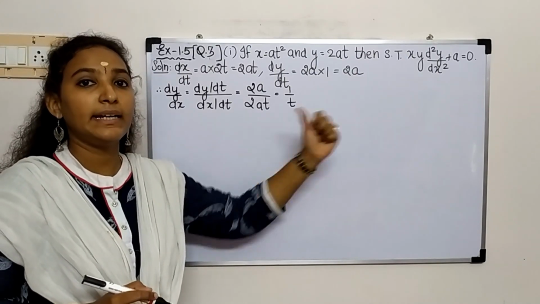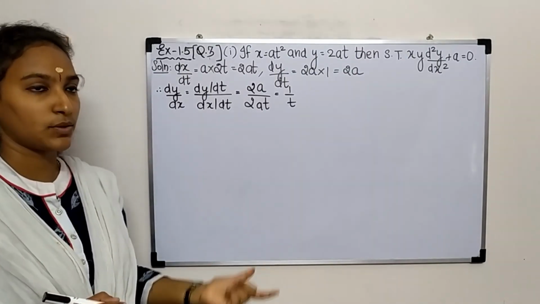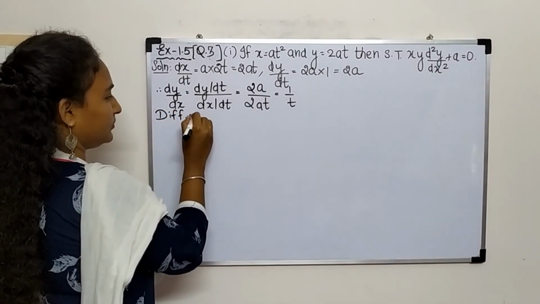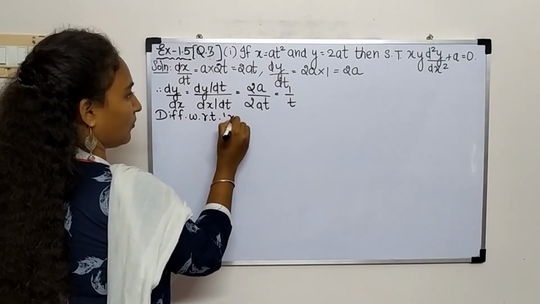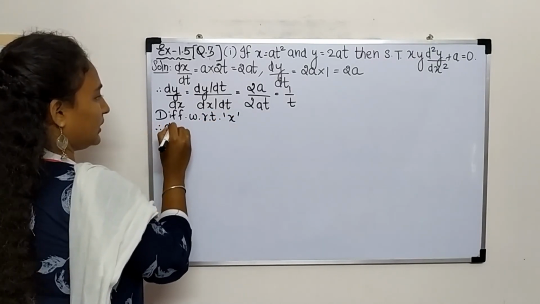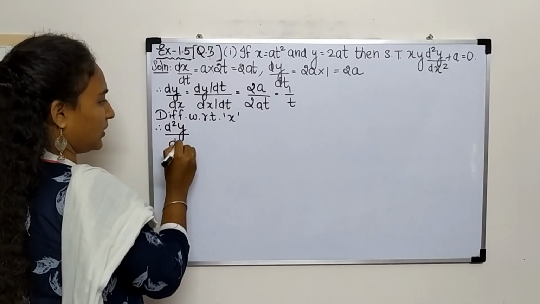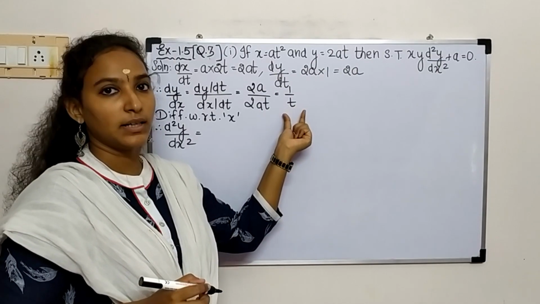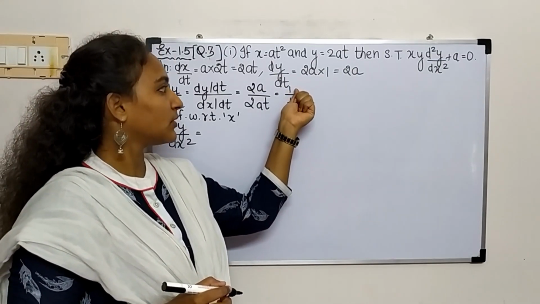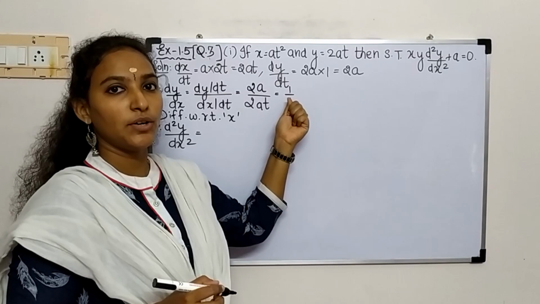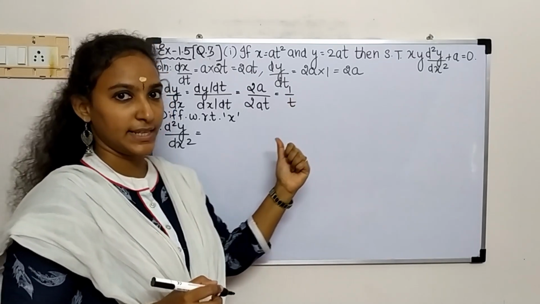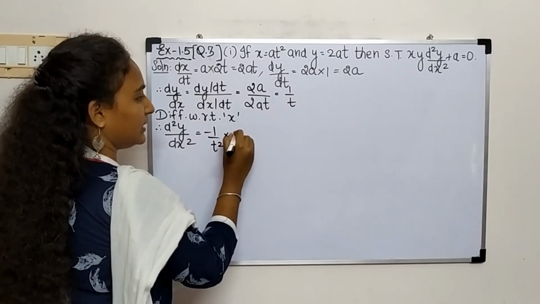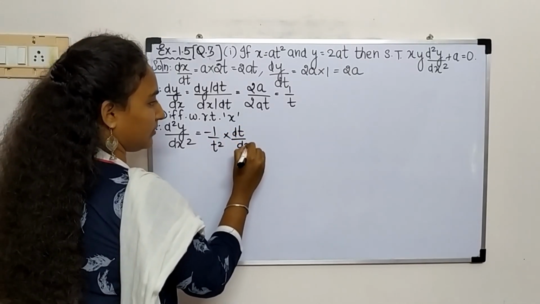Now we are going to calculate d square y upon dx square. Differentiate with respect to x. Therefore, d square y upon dx square is equal to, so this will be a composite function. So we are going to find the derivative of 1 by t, that is minus 1 upon t square, multiplied with dt by dx.